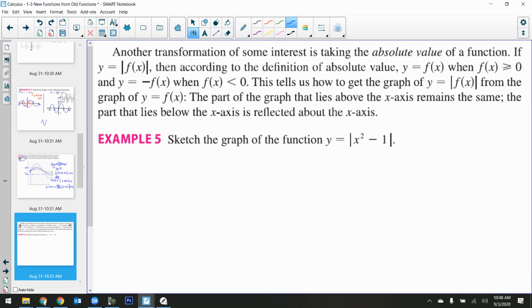Okay. Another transformation can happen when we work with absolute values. We may not think of absolute value like a transformation, but it really is transforming the original function. What does an absolute value do? Well, it turns negatives to positives, always keeps it positive. What does that mean graphically?